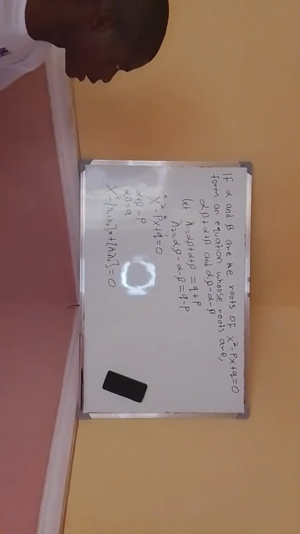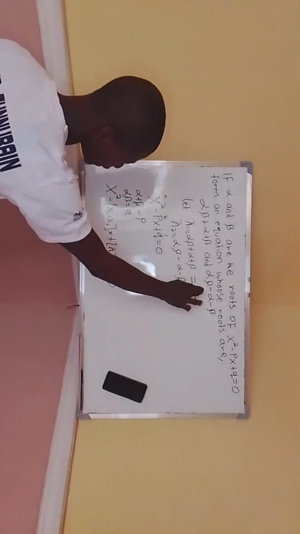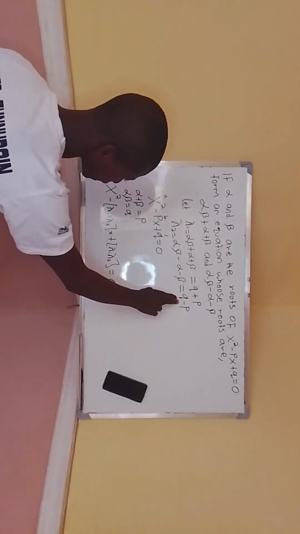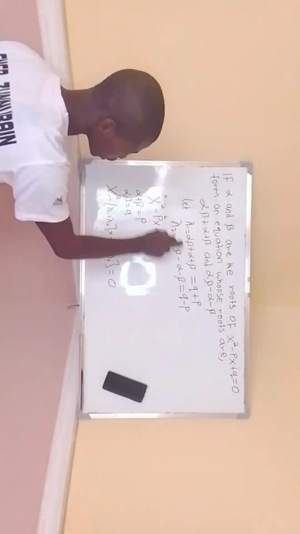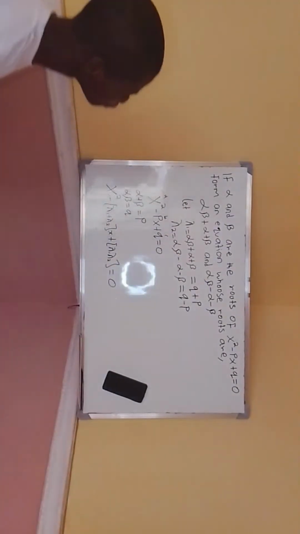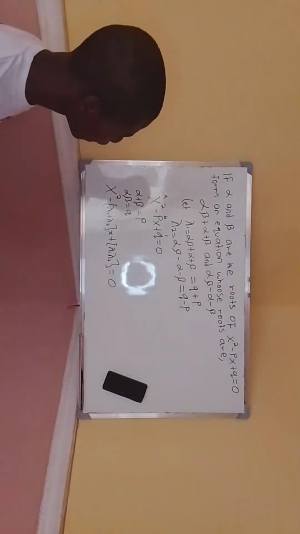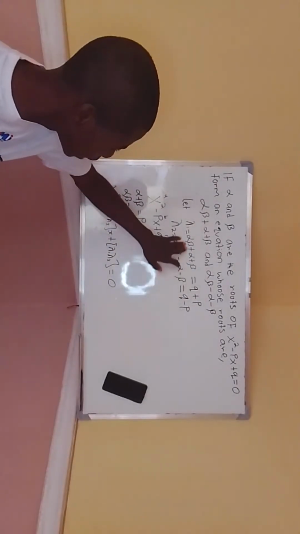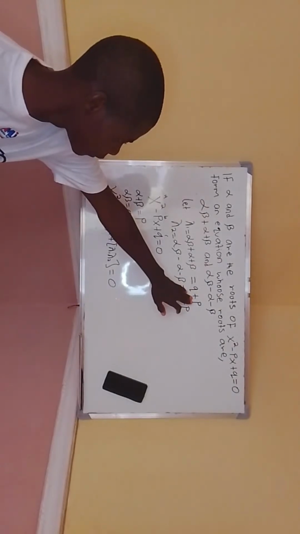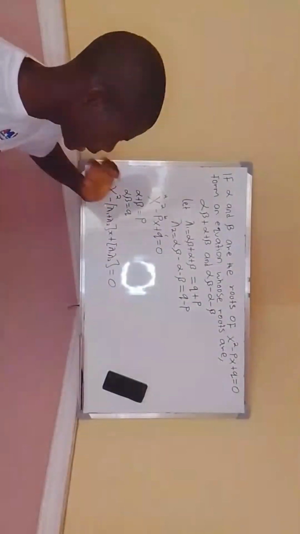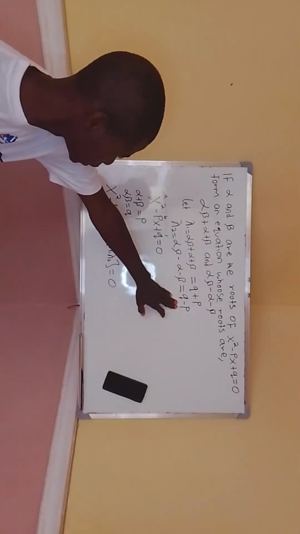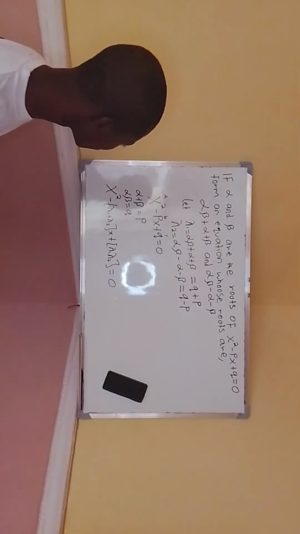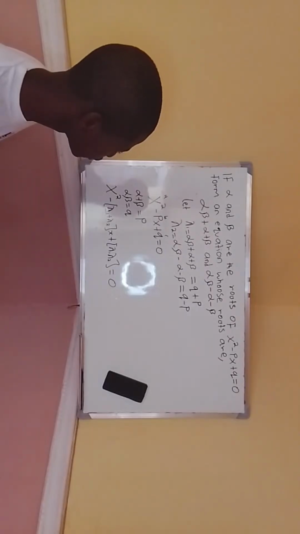This is the new lambda 1 and this is the new lambda 2. Let's check whether we are right. We have the value of alpha beta and alpha plus beta, so yes, we are right.